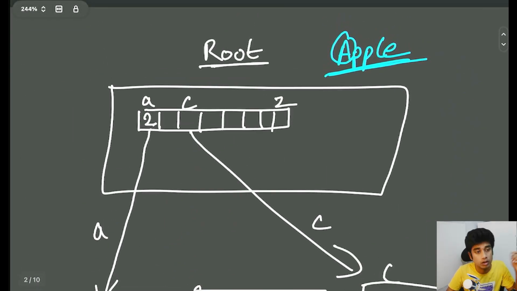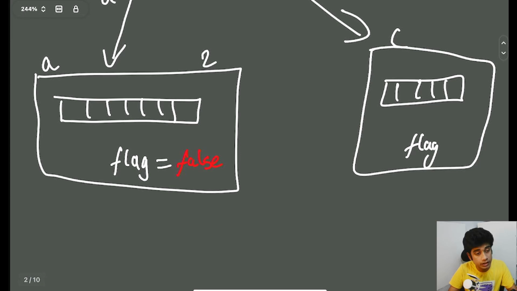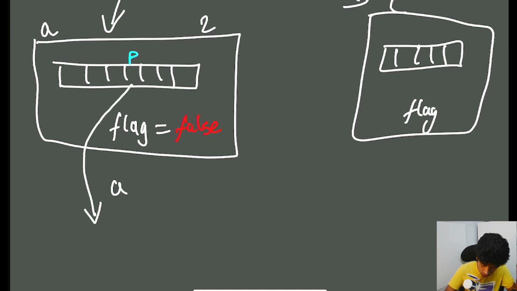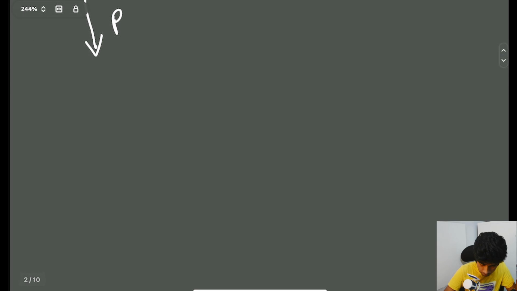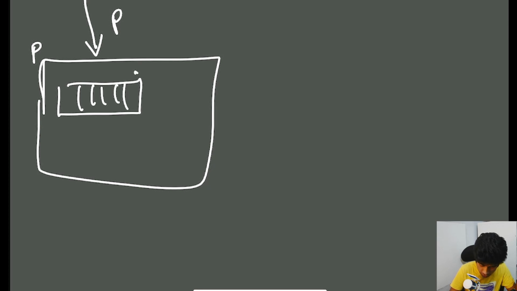And is it the end of the word? No, it's not. Then I'll move my pointer to the next letter, which is P. Now, I'll create a new node for P, and I'll make sure that the node from A points to node P. So this is node P. Now again, node P has the array of pointers where this is Z, this is A, and it also has a flag.